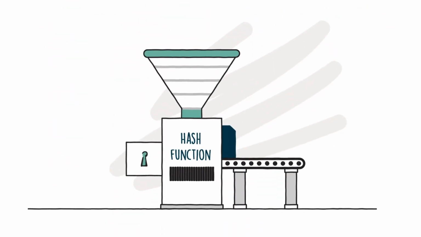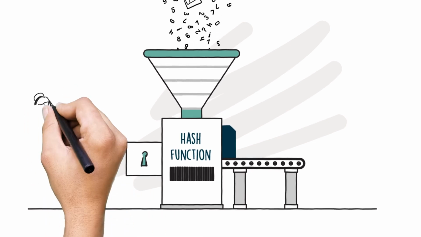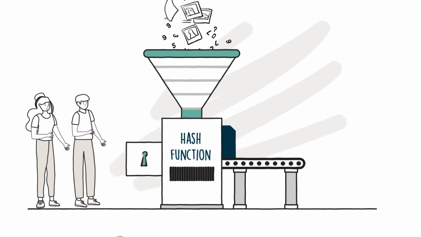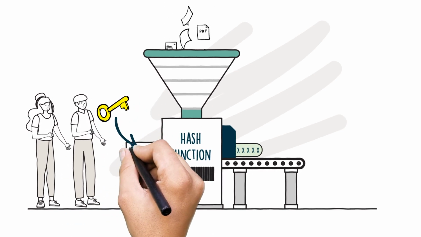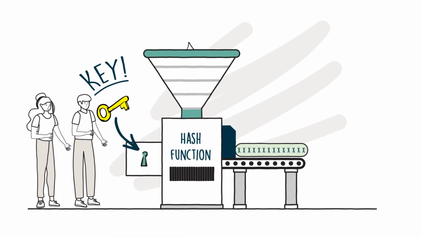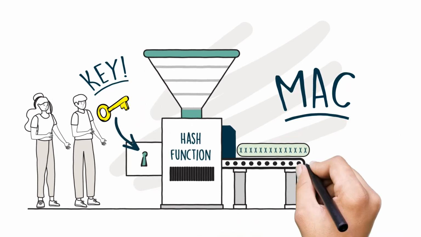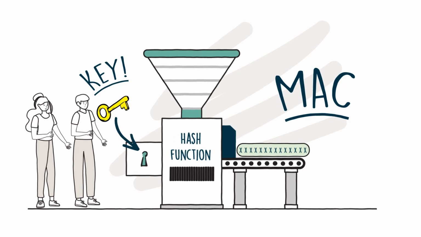To solve this problem, we need to use a special type of hash function that also takes in a secret shared key. So Alice and Bob can easily verify the hash, but the attacker cannot forge it without also having access to the shared secret key. This method is called Message Authentication Code, or simply MAC.